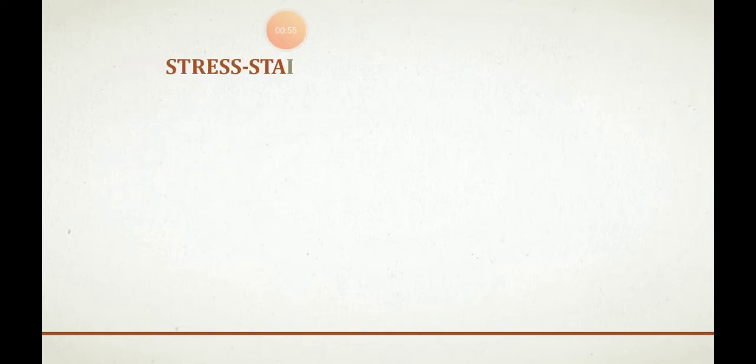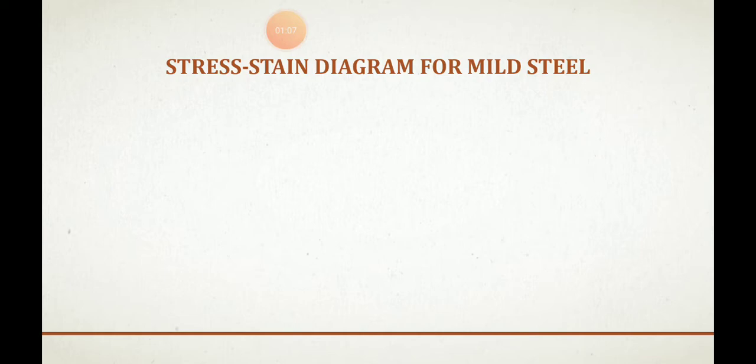Now, stress strain diagram for the mild steel. If you recall, we already studied this in the third semester SOM subject, that is strength of material. We are going to discuss briefly the salient points which come in the stress strain diagram when you conduct a tensile test on the universal testing machine.